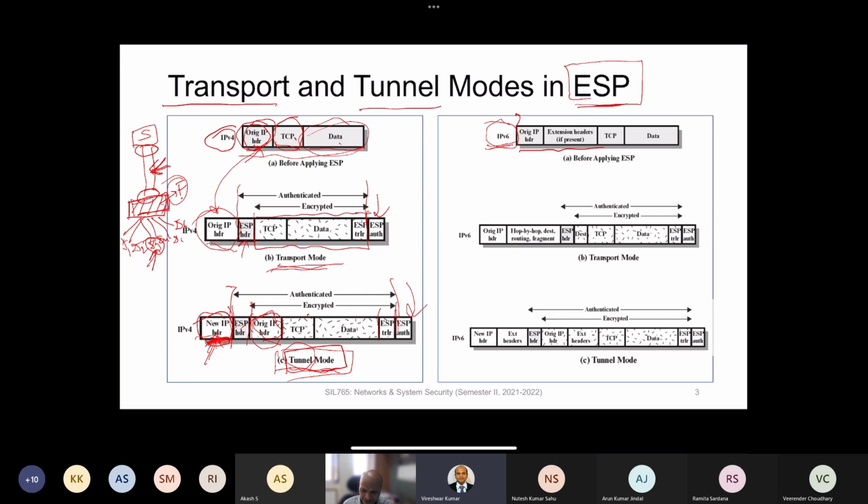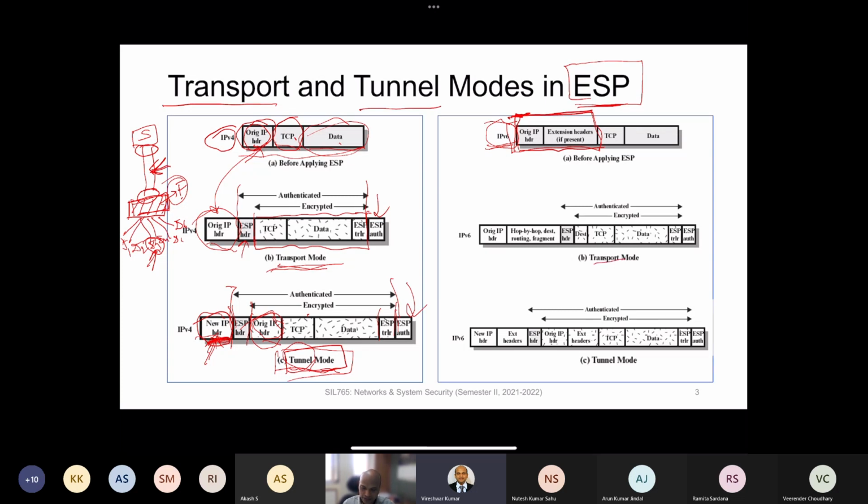So there is not much difference. It's just that the length of the overall IPv6 header is longer than the length of the header corresponding to an IPv4 packet. So it's just a longer header, but the processing will remain the same.